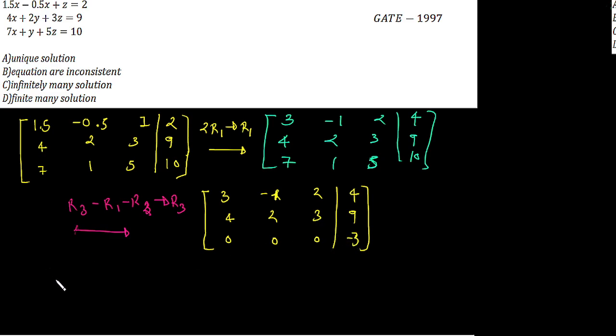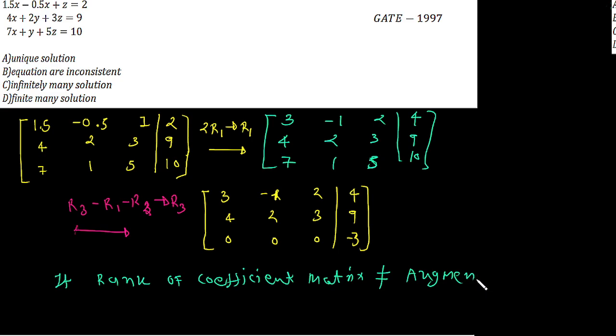So we can say if the rank of the coefficient matrix is not the same as the rank of the augmented matrix, then the given system of equations is inconsistent. So we can say these three equations have no solution.